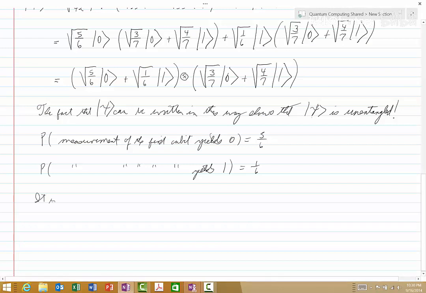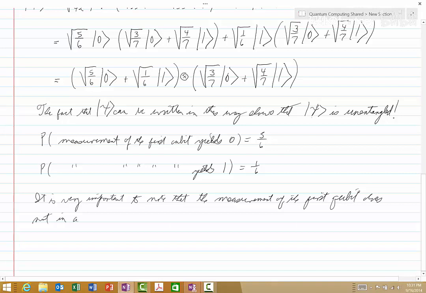it is very important to note that the measurement of the first qubit does not in any way affect the measurement of the second qubit in this case.